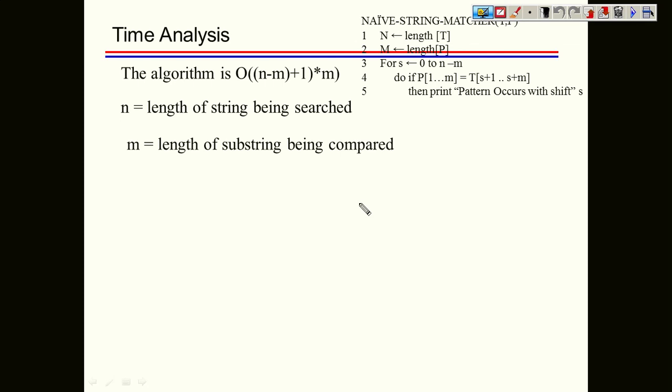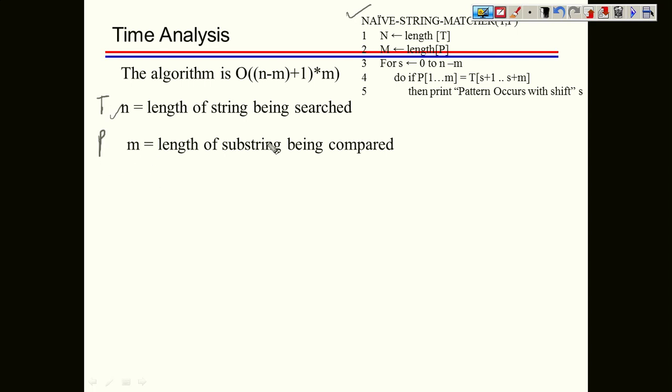Let us talk about the time analysis. It's always required to find the time complexity of an algorithm, so that we are in a position to analyze it and compare it with other algorithms. So this is the algorithm. We have already discussed how it works, and now we will do the analysis. n here is the length of the string being searched, the text size, and m is the size of the pattern.